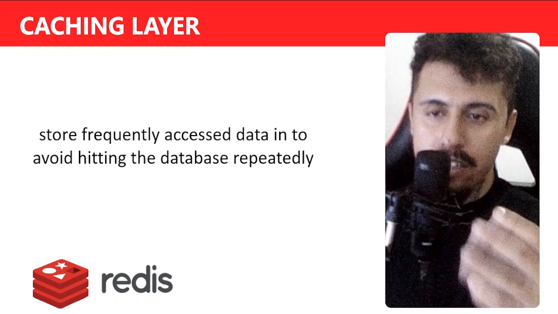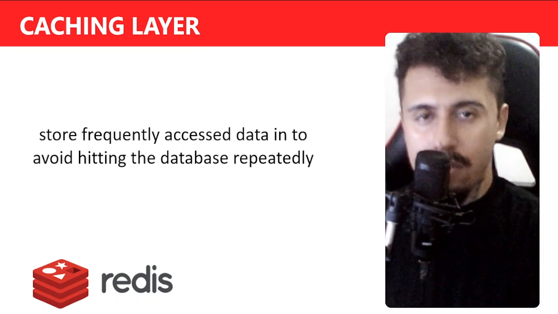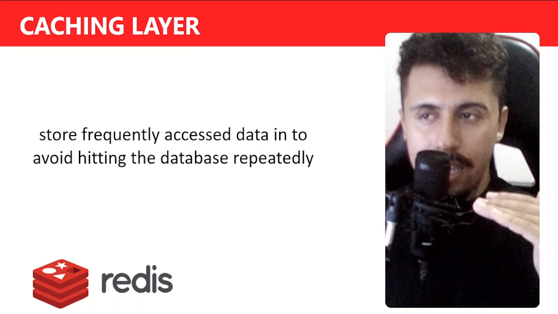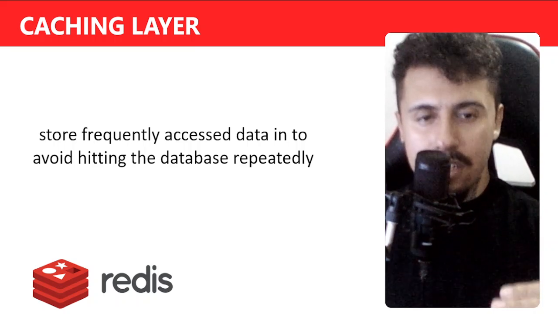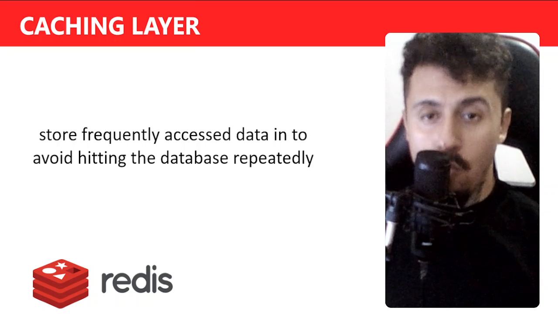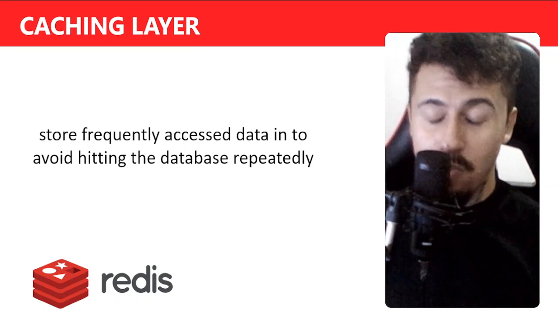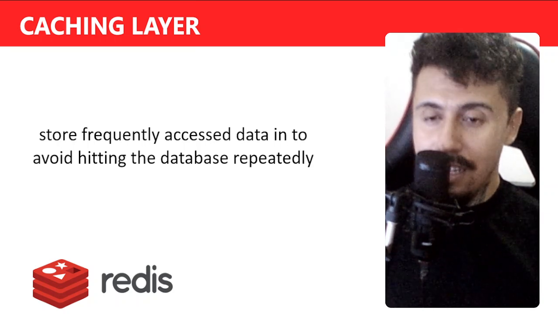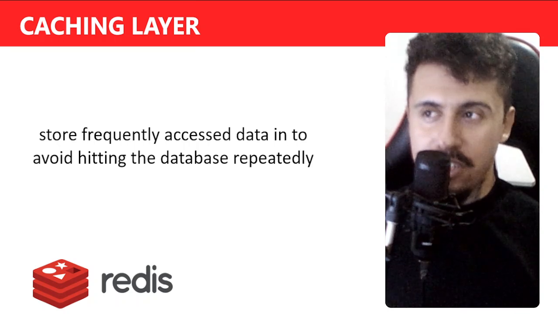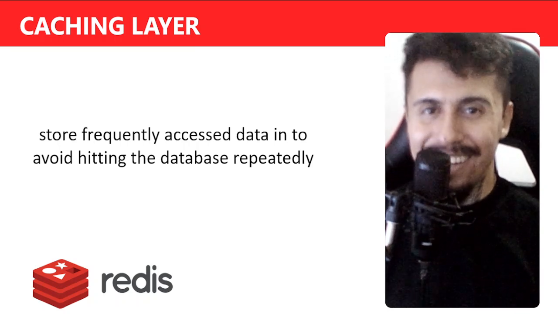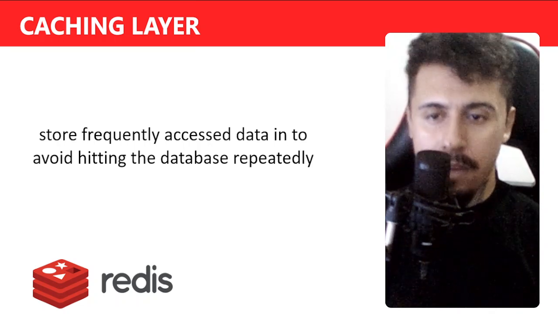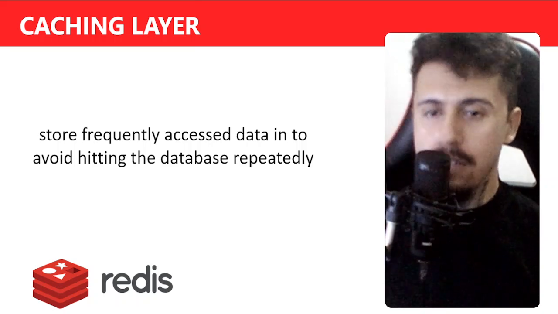And we can use Redis to build this caching layer, to store this frequently accessed data in memory. This is one of the use cases. This is one of the solutions, and most people think that Redis serves just for this purpose. But Redis serves many other purposes. I brought 4 more purposes today, so let's see them.